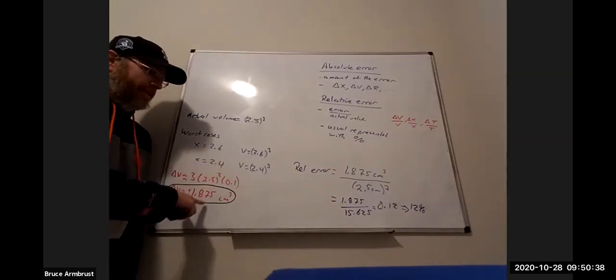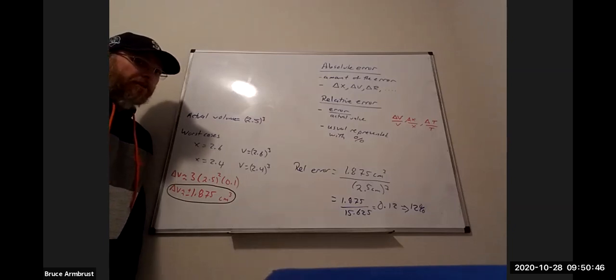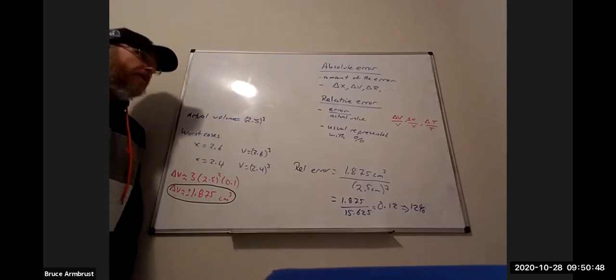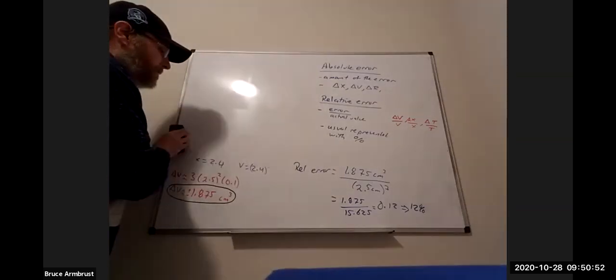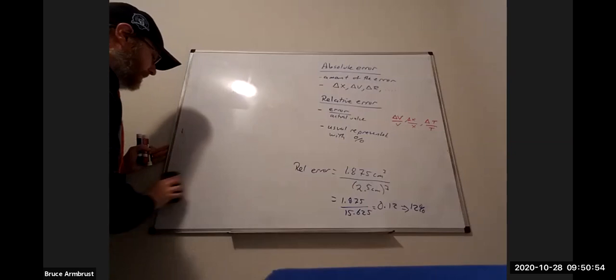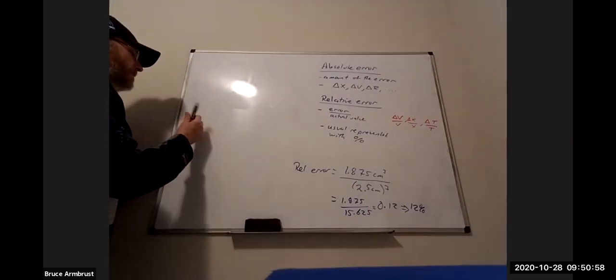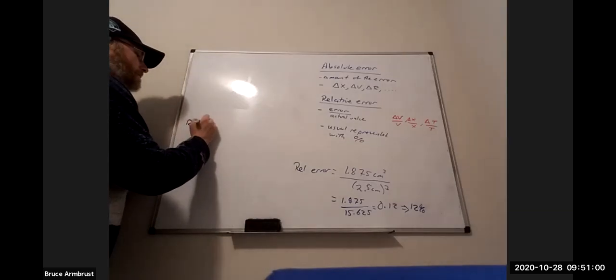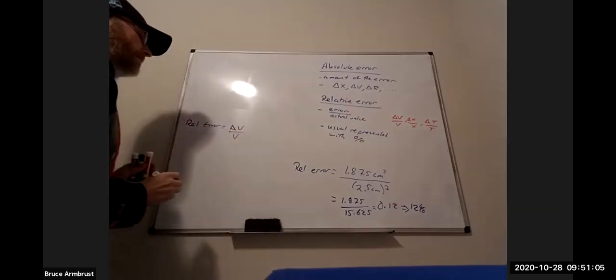We went through all this and got the 12%. Let me show you that we can get that a lot faster without plugging in numbers. Let's use what we just did: it was delta V over V, and that's how we get the relative error in the volume.